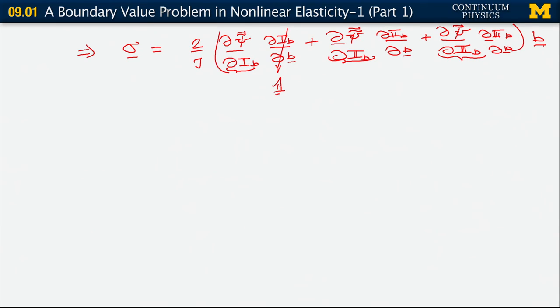This one is a little more involved, but it is essentially this tensor, if I recall correctly, that gives us b. Because if you remember, the second principal invariant is trace of b squared minus trace squared of b. So it's quadratic in b, and so a derivative with respect to b gives us something of the order of b.